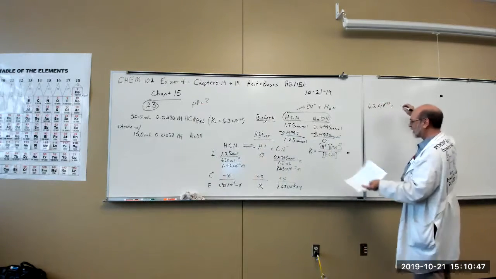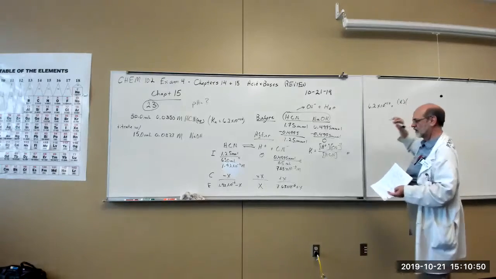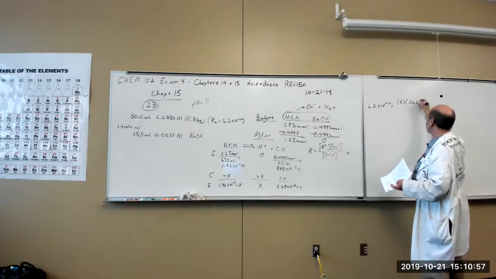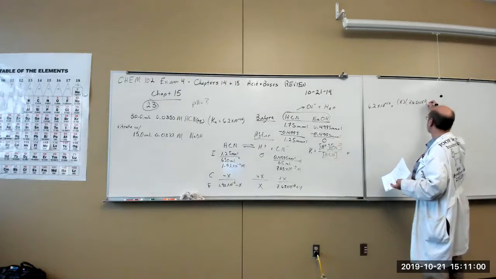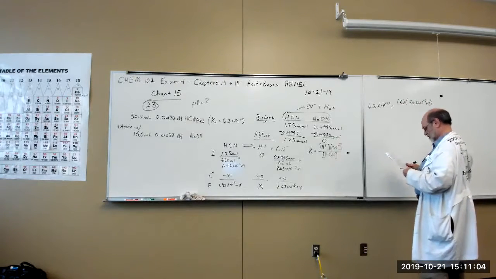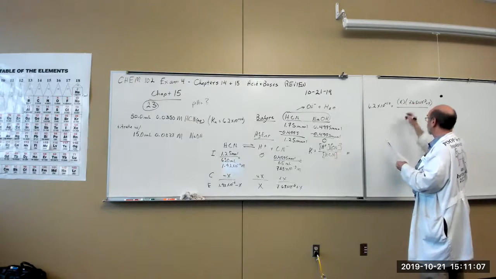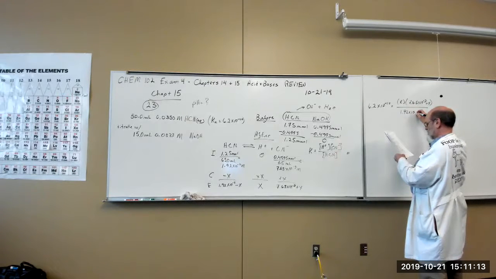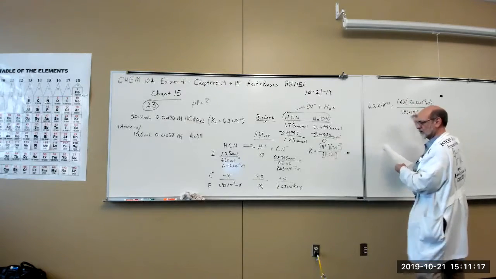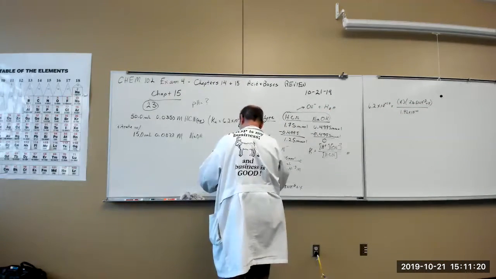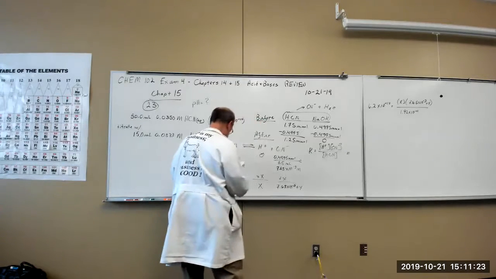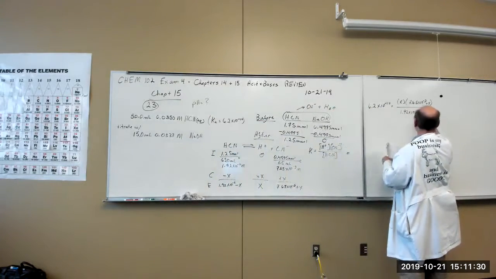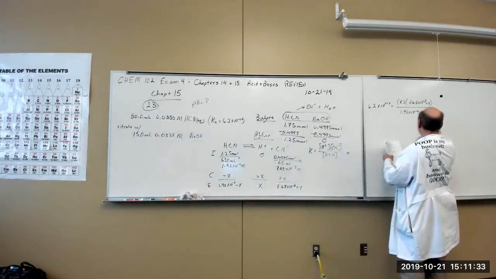Hydrogen ions are X. CN minus ions are 7.68 times 10 to the minus 3 plus X. And then 1.92 times 10 to the minus 2, and that's minus X.